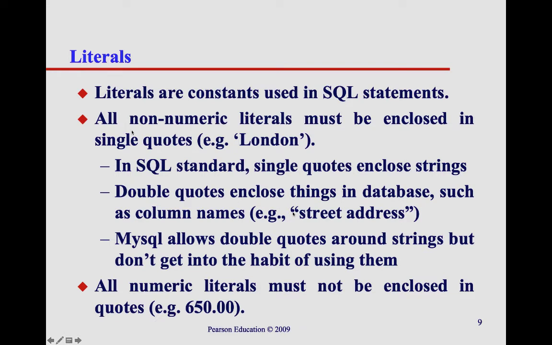Double quotes are actually supposed to be reserved for relation and attribute names, because column names and relation names are allowed to have white space. So technically, double quotes are reserved for relation names and column names, and single quotes are supposed to be used for string literals.